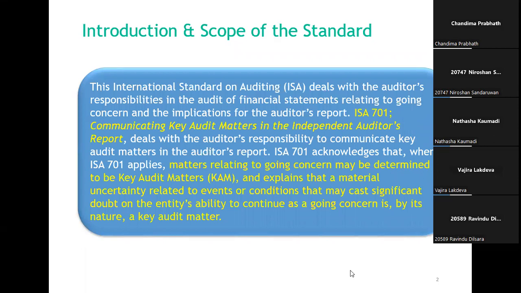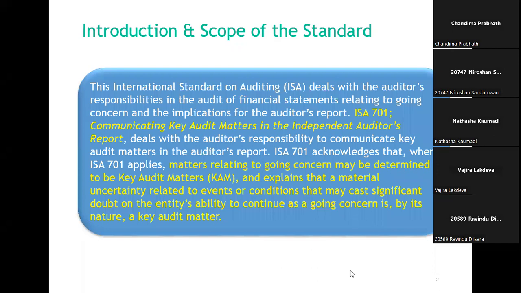But it says when ISA 701 applies, matters relating to going concern may be determined to be key audit matters, and explains that a material uncertainty related to events or conditions. We will discuss what events or conditions may cause significant doubt on the entity's ability to continue as a going concern, by its nature a key audit matter.